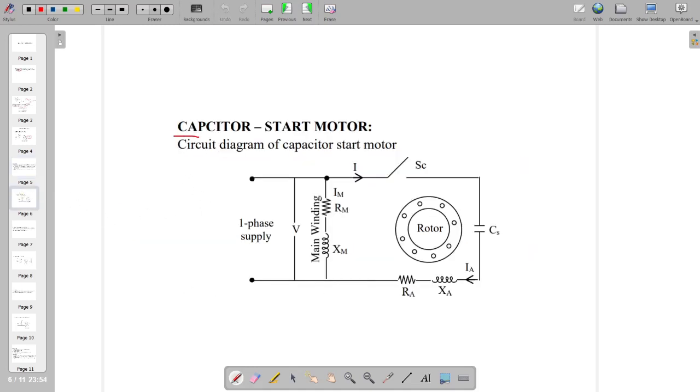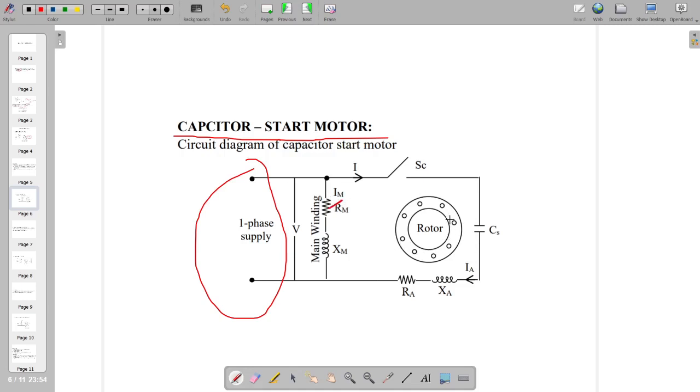So the next one is the capacitor start motor. Here we give a single phase supply to the machine in which a centrifugal switch is connected. This is the main field winding, with Rm and Xm the resistance and reactance of the main field winding. The current flowing through the main field winding is Im.